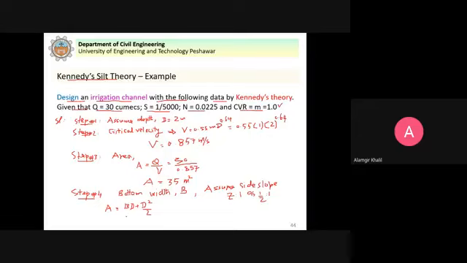Now you can see that in this formula, A is known, which is 35 square meter. D we already assumed in the first step. So the only unknown is B. We can now easily calculate B from here.